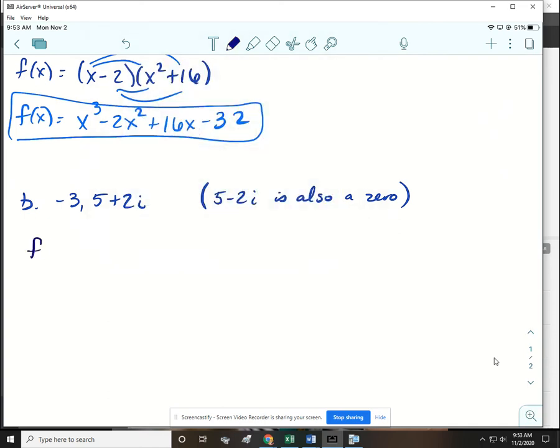All right, so we're going to call our function something, and then we are going to write our factors. So don't forget that even though it has two terms, it's still the opposite. So it's x and then minus 5 minus 2i. And then the other one for this one is x minus 5 plus 2i.